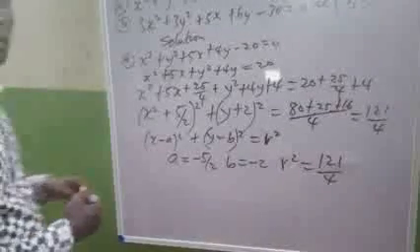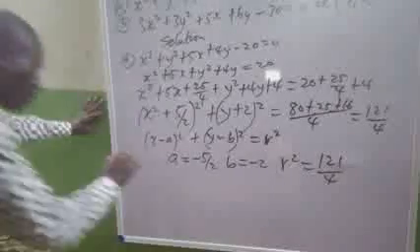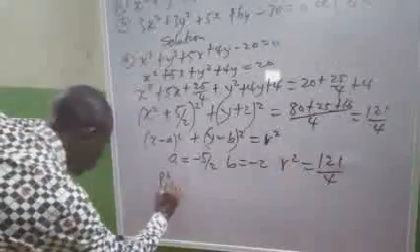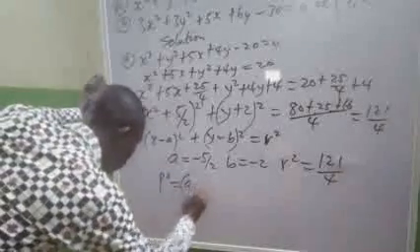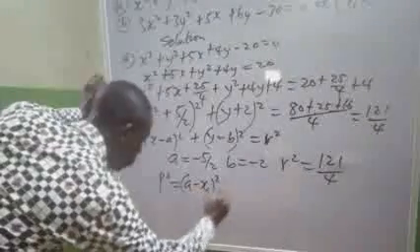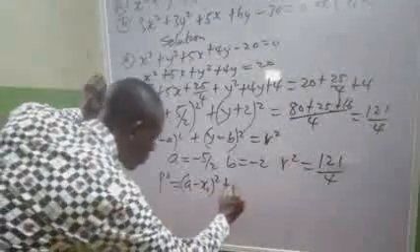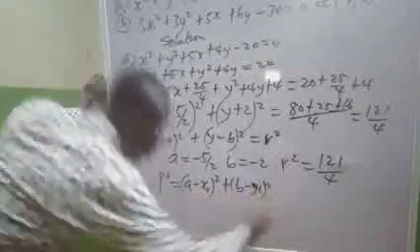Now to solve for p, I know that p squared is equal to a minus s1 all squared plus b minus y1 all squared.